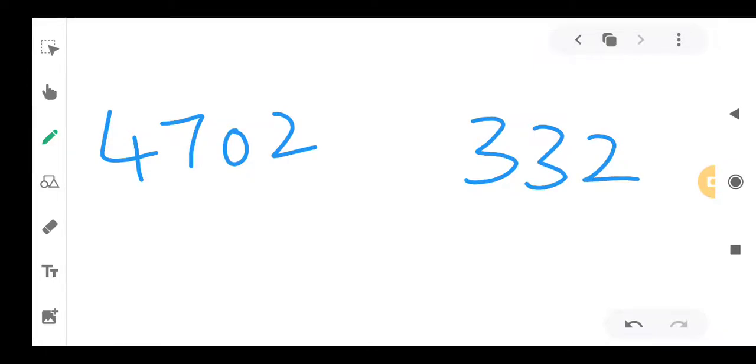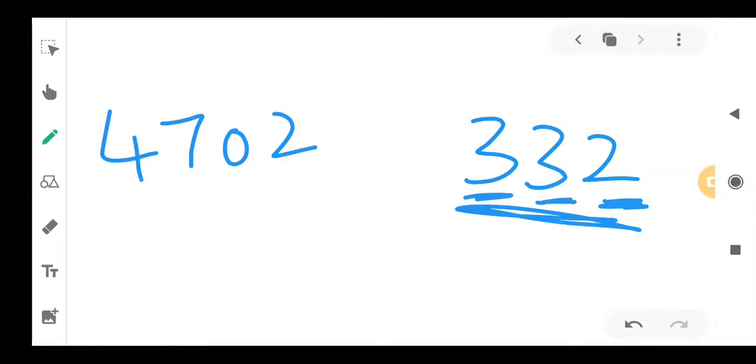And this is a 3-digit number. So simply, if you have to choose the bigger number, you have to choose the one with more digits. This is just 3 digits: ones place, tens place and hundreds place.